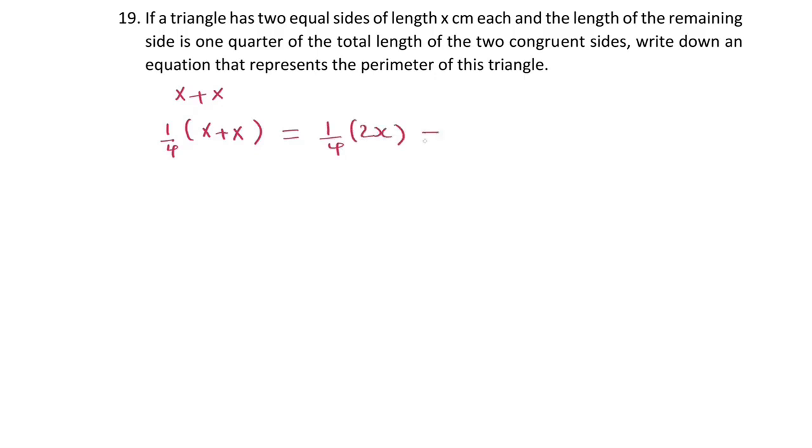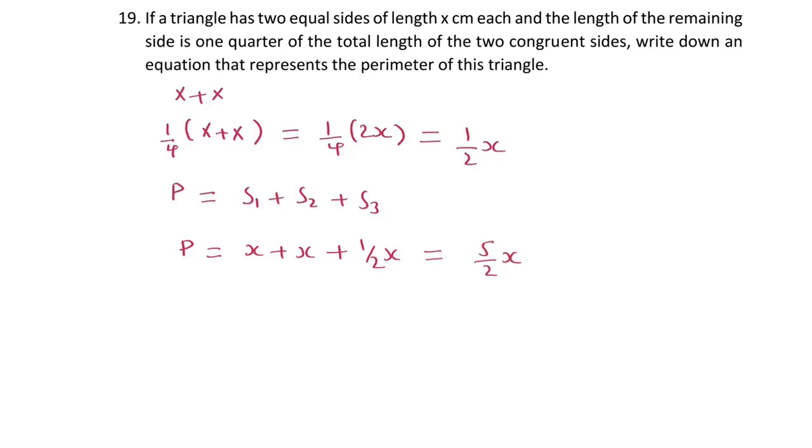Simplifying this, we have 1/2 x. Next, to find the perimeter of a triangle, we take side 1 plus side 2 plus side 3. Substituting the values, our perimeter is x plus x plus 1/2 x. Solving this, we have 5/2 x. And this is our answer.